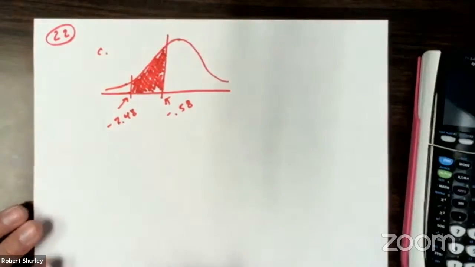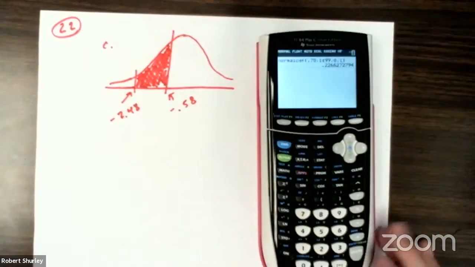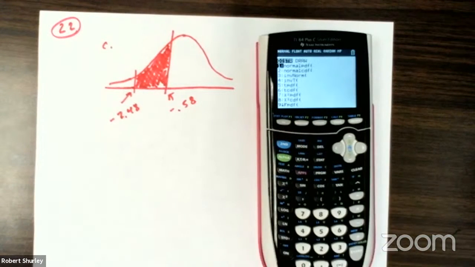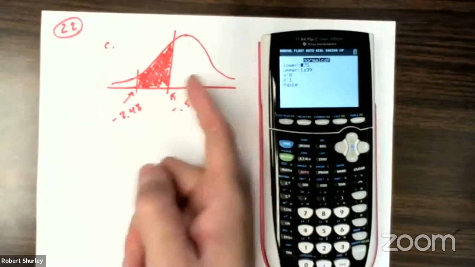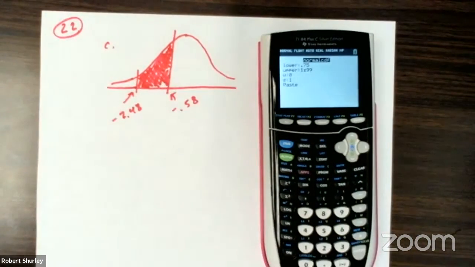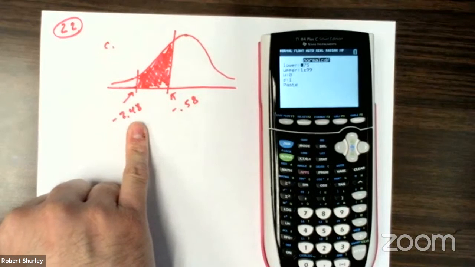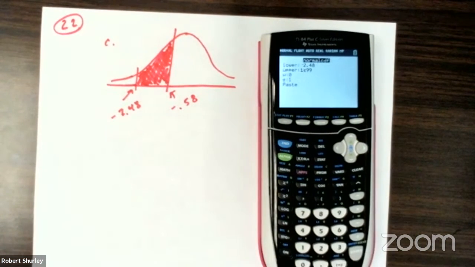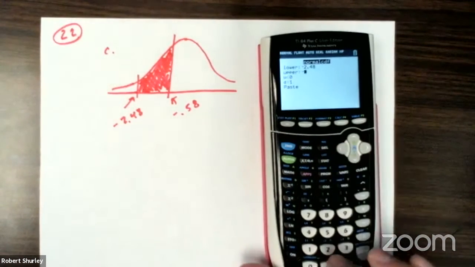It's the good stuff. Now to do this, I'm going to go back to my handy dandy calculator and go second vars again. I get normalcdf because we're adding up all the area between these two lines. Now my lower boundary is negative 2.48 and my upper boundary is negative 0.58.